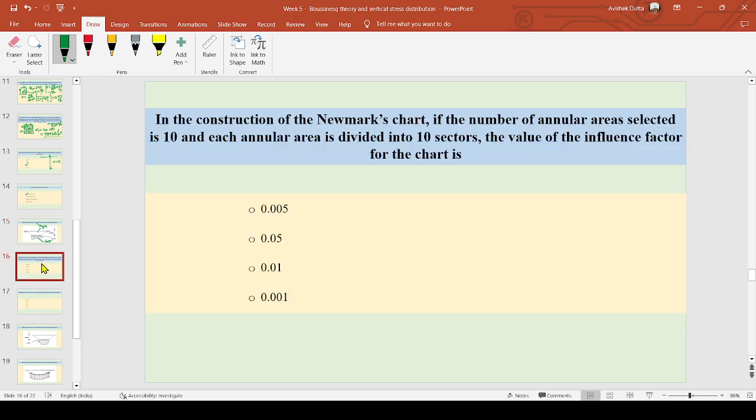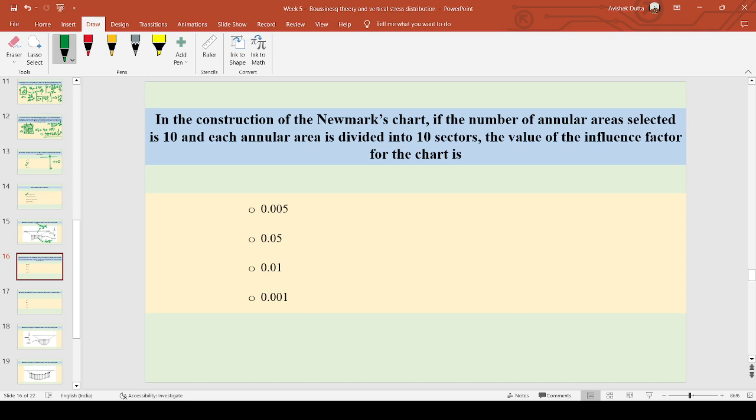Now, in the construction of Newmark's chart, the number of annular areas. If you refer to any standard book of soil mechanics, you will find that in Newmark's chart, the entire area is first divided into a number of rings or annular areas and then divided into a number of sectors.